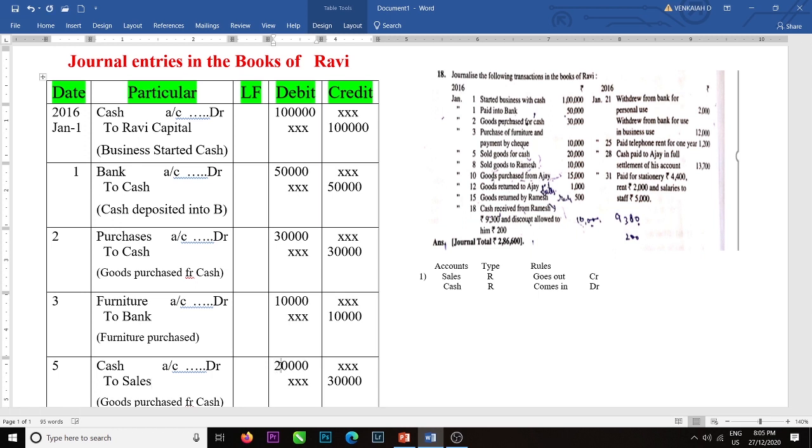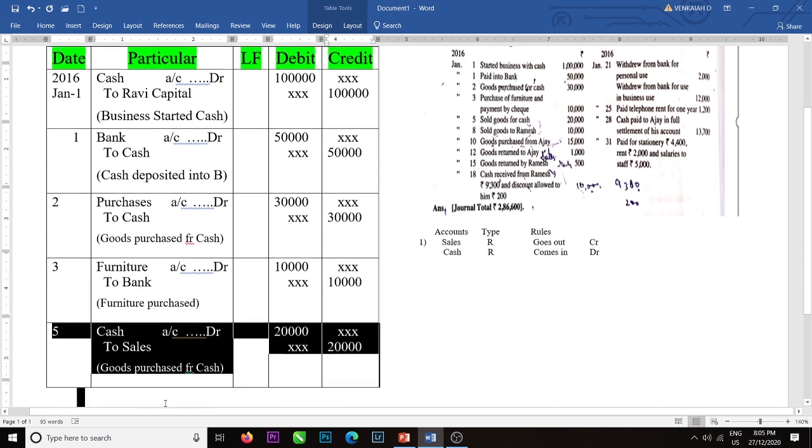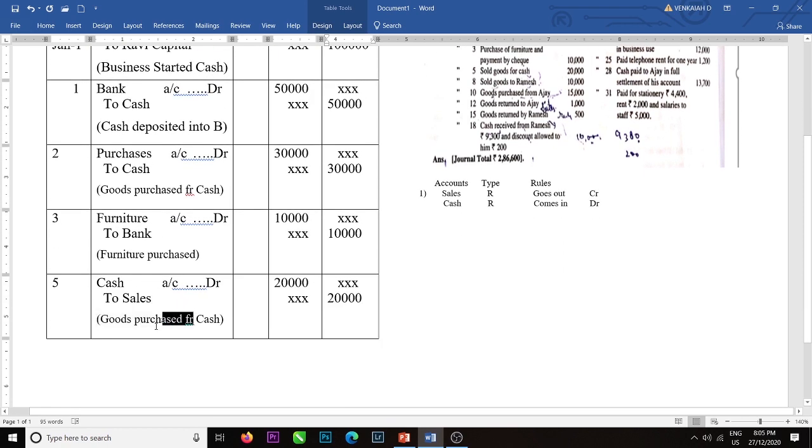It shows credit, we have to write 'To'. 20,000, goods sold for cash.